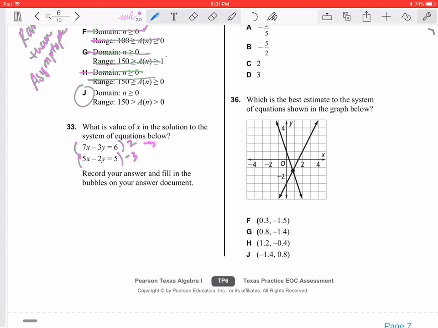My new equation is going to be 2 times 7 is 14x minus 6y is equal to 12. My new equation here is going to be negative 15x plus 6y is equal to negative 15.